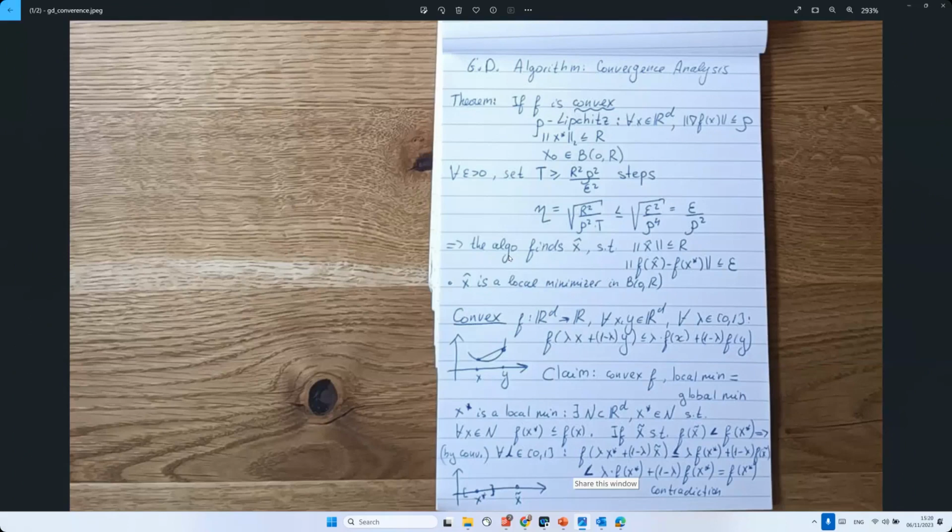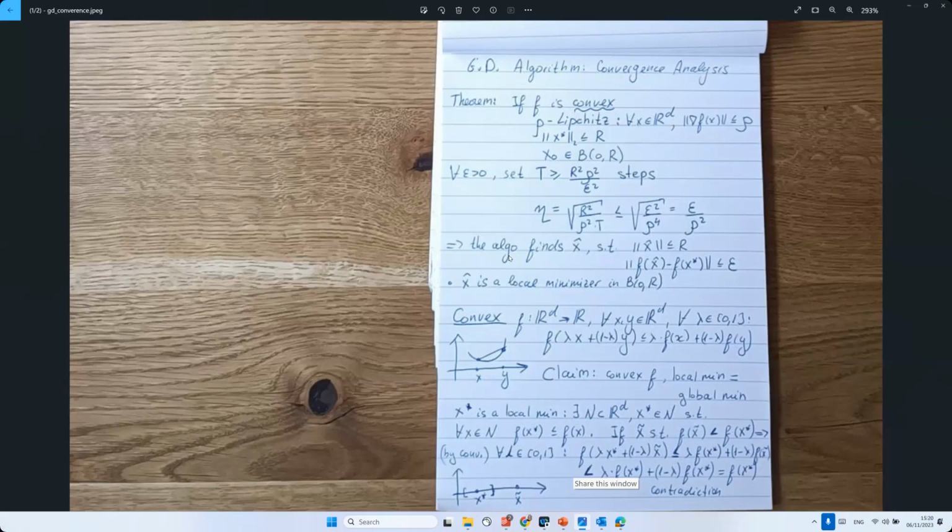But we need only the first basic definitions of convexity of a function. This is a very important notion in machine learning, because once the function is convex, we can usually prove many nice things. One of them is convergence of gradient descent, and some others which we will maybe meet later in this course.